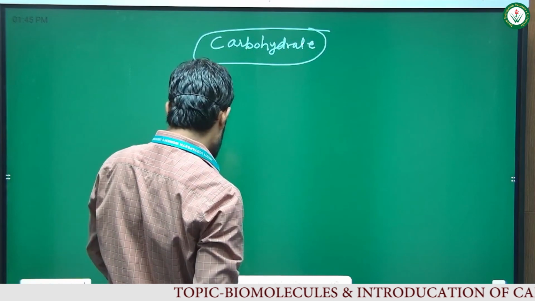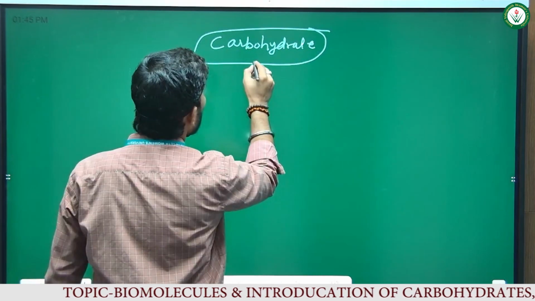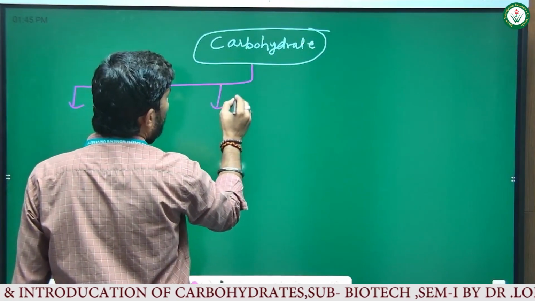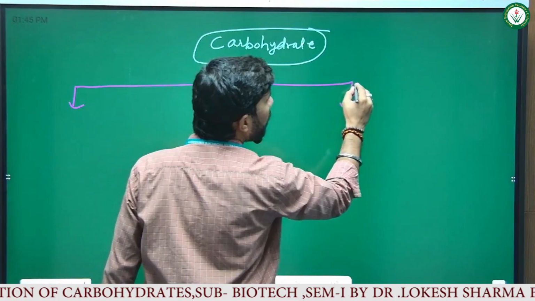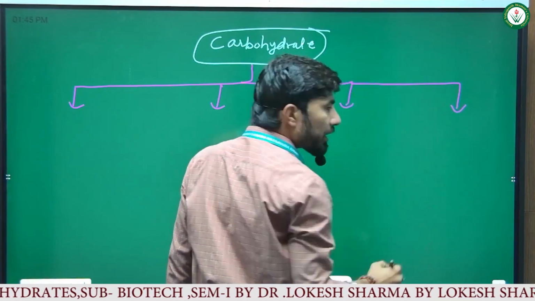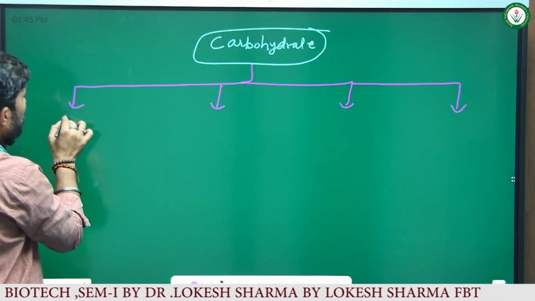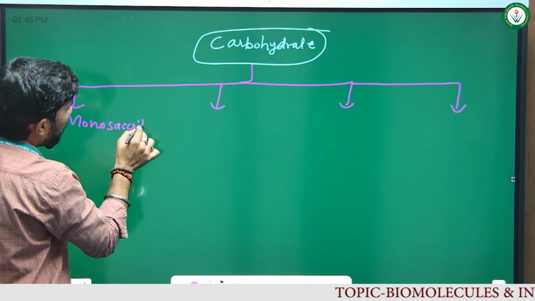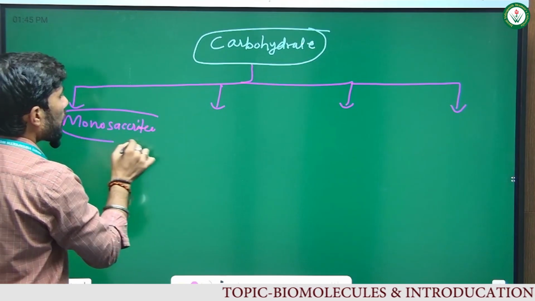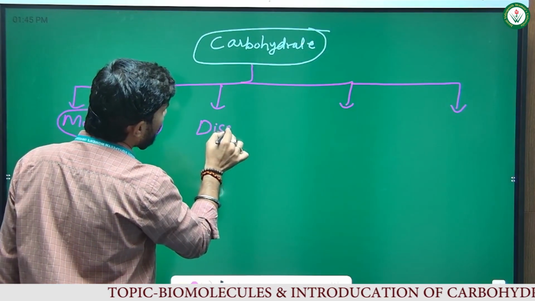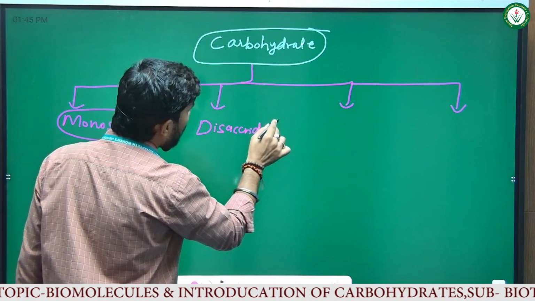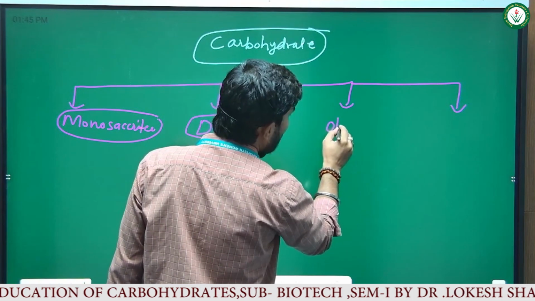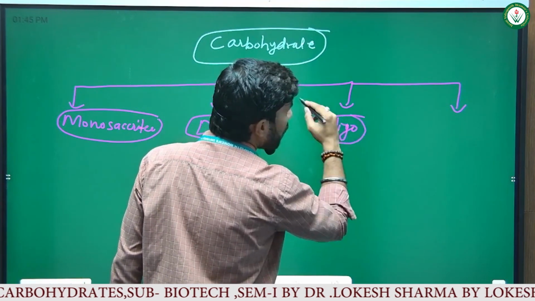Carbohydrate is classified into four classes based on their saccharide unit: monosaccharide, disaccharide, oligosaccharide, or polysaccharide.